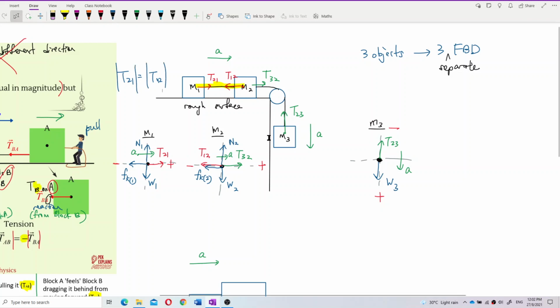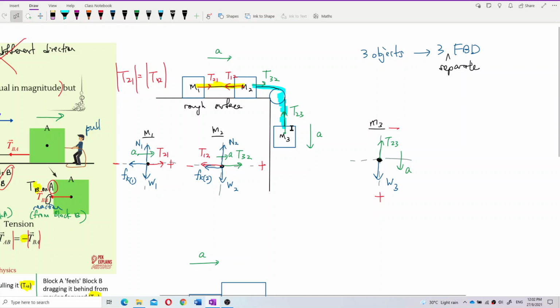But for this one, there is another string, so another tension. So T21 and T12 are the same tension, and then T32 and T23 are the same tension.